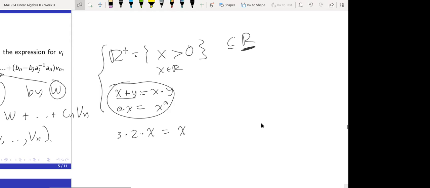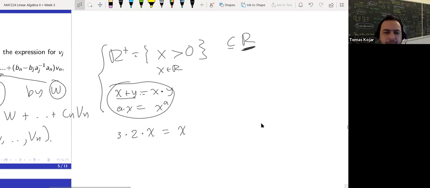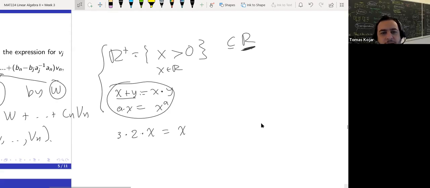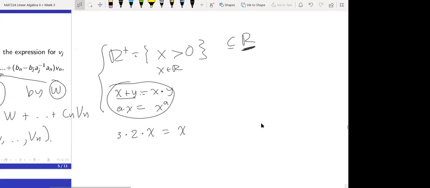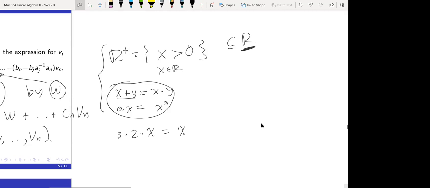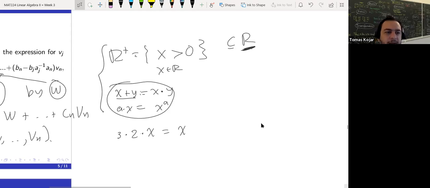Maybe I'm mistaken. Well, we know it's a vector space for sure. Do you understand that R plus is only a vector space because of these new operations? Right. If you have other operations, like if you allow -1 times x, then you don't have closure. That's right.